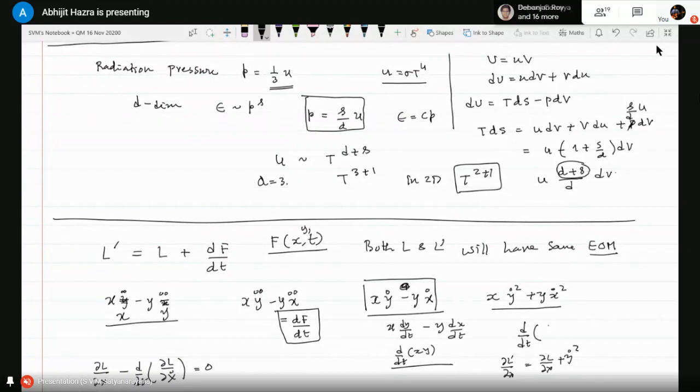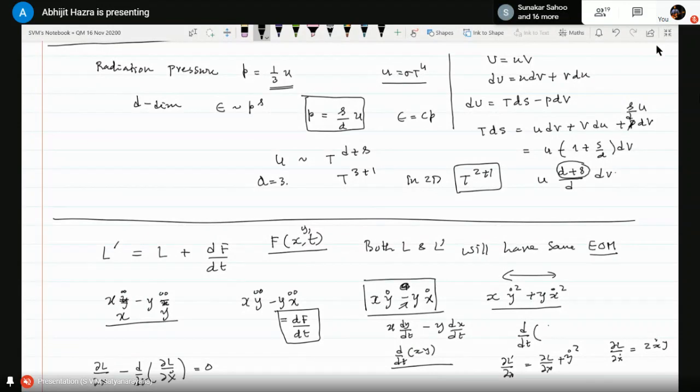And that is not the same, because when you take dou by dou x dot, then you have 2x dot into y, and d by dt will be x double dot. There should not be a square in this term, and there should be a sign in this.